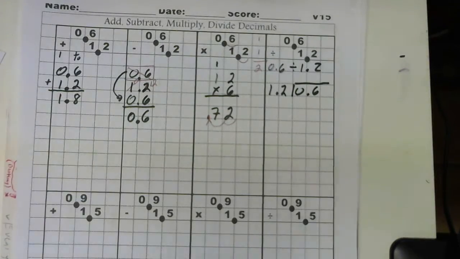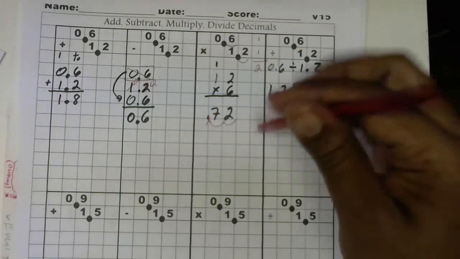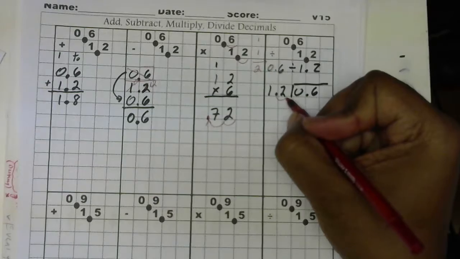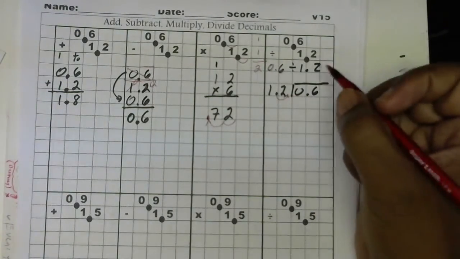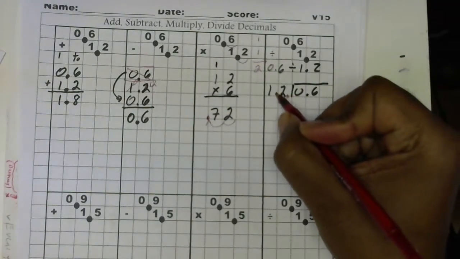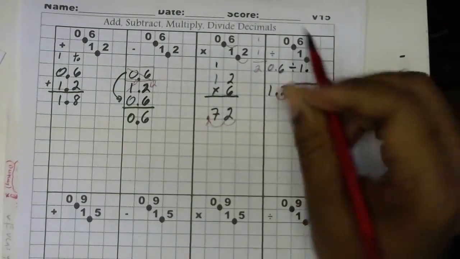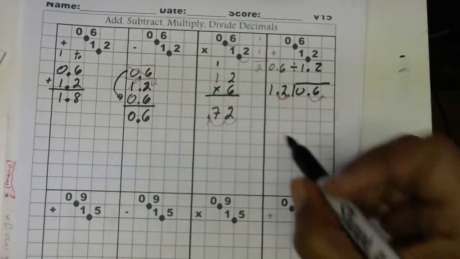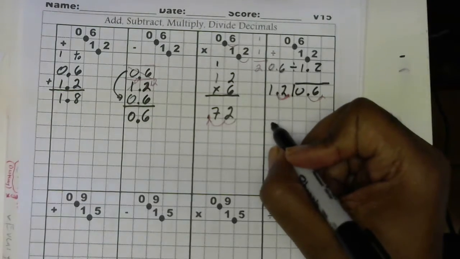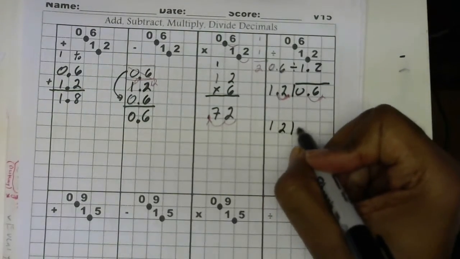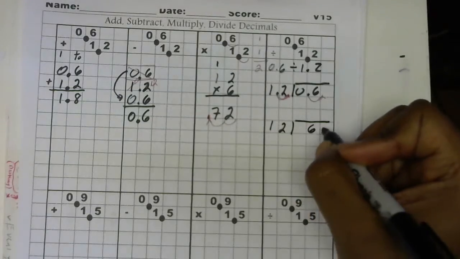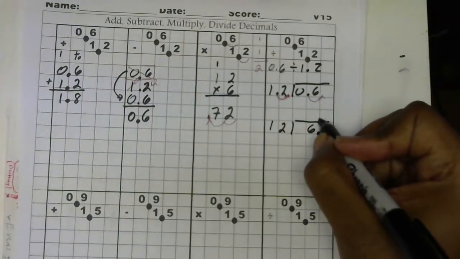Now, to make this a regular 12, we need to roll this number back once, and this makes it a 12. So how many times you go here, 1 time, 1 loop, you use the same loop here. So that means the decimal goes there. So let's rewrite it with all the decimals. So we have a 12, and we have a 6 here with the decimal there.